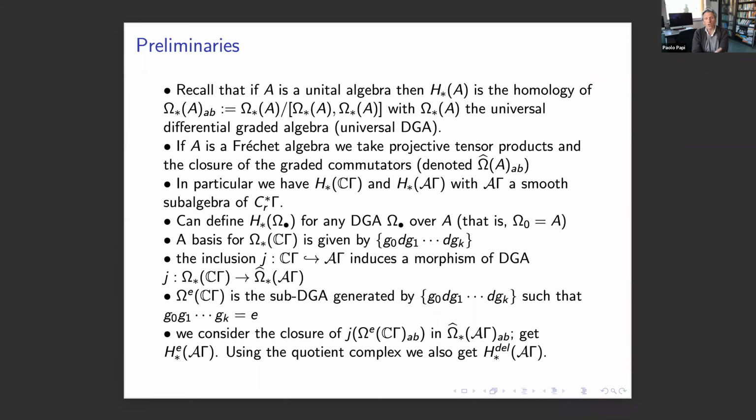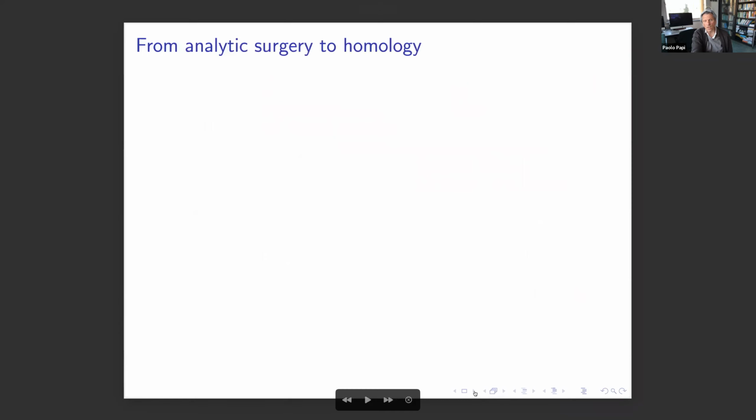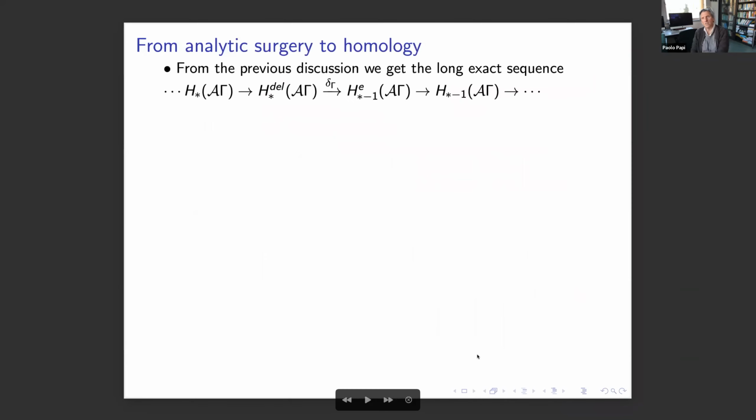Of course, you can also take the quotient complex, and you also get the delocalized non-commutative de Rham homology. Now, as usual in these topics, you have a long exact sequence that you can read on the slide with a connecting homomorphism. And so this will be the target of our map.